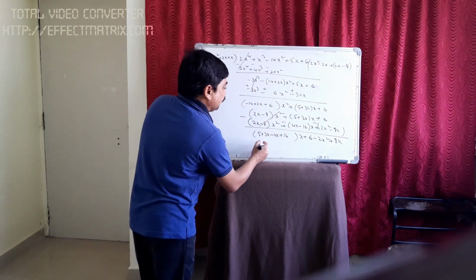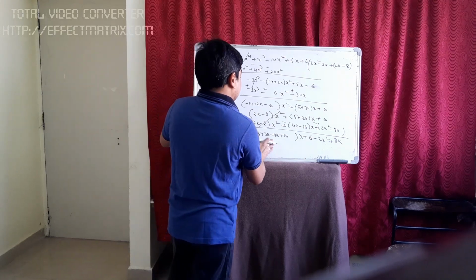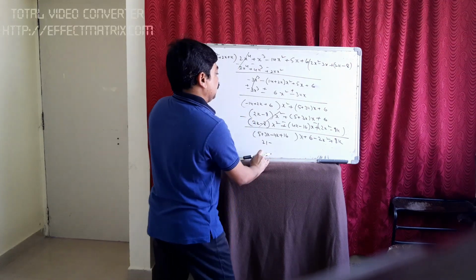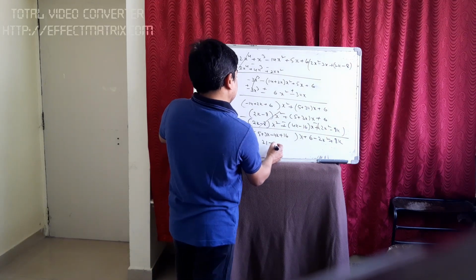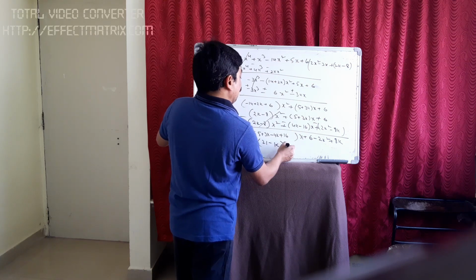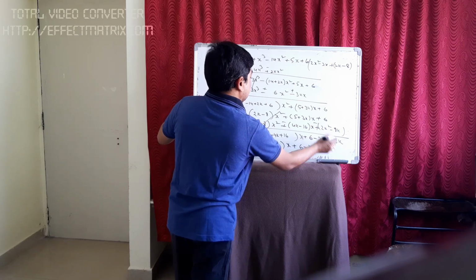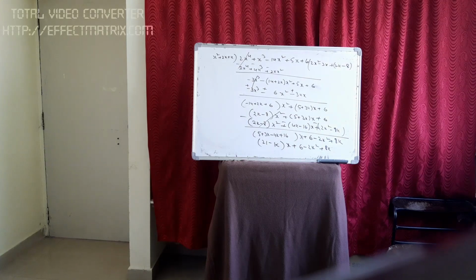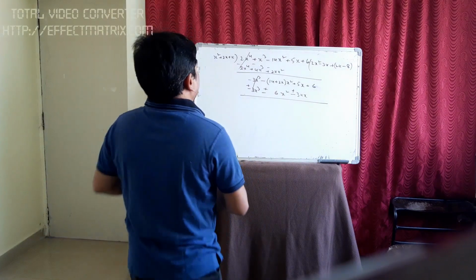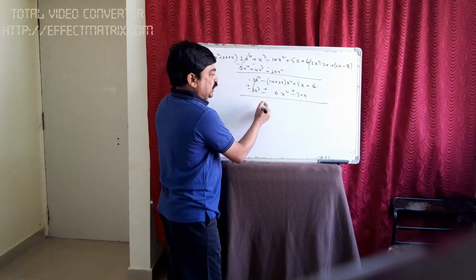We simplify this again. 21 minus 3k, sorry, 21 minus k of x, 6 minus 2k square plus 8k. Sorry guys, something went wrong here. We didn't take minus here. I am rewriting here.